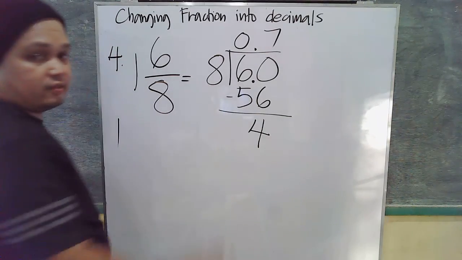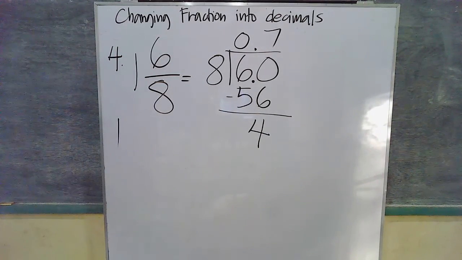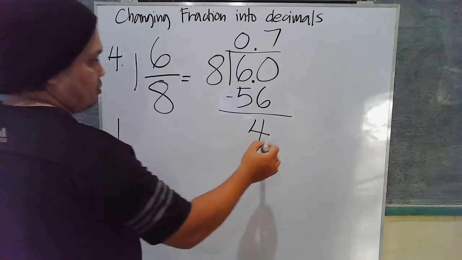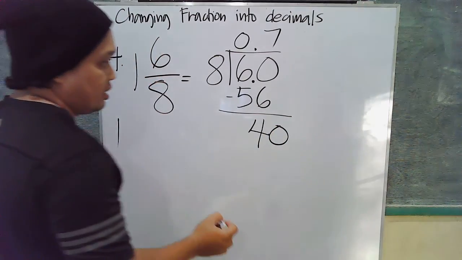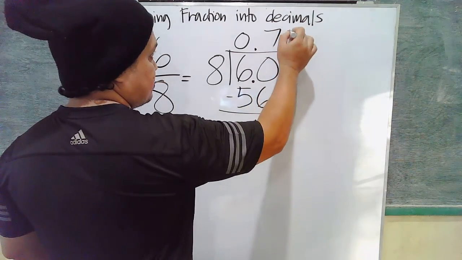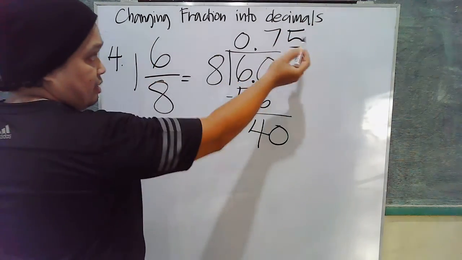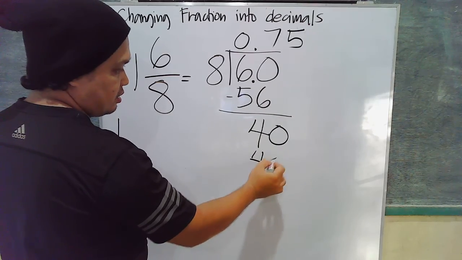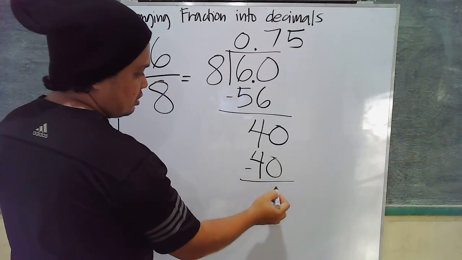Now, 4 divided by 8, we cannot divide because 4 is less than 8. So let's borrow 0. Now, 40 divided by 8 is 5. 5 times 8 is 40, and 40 minus 40 is 0.